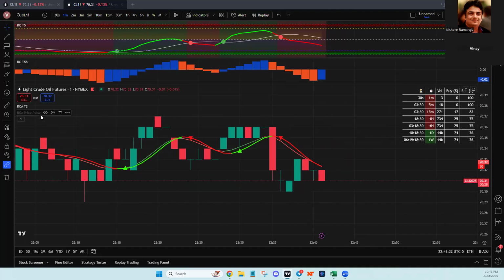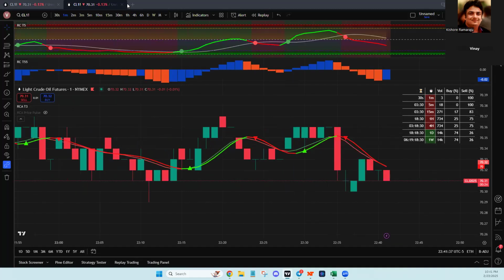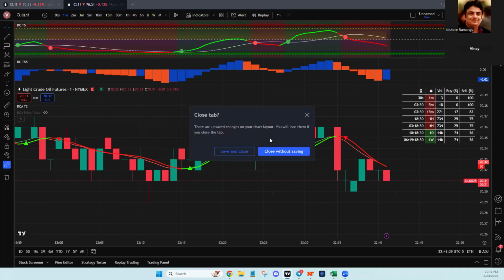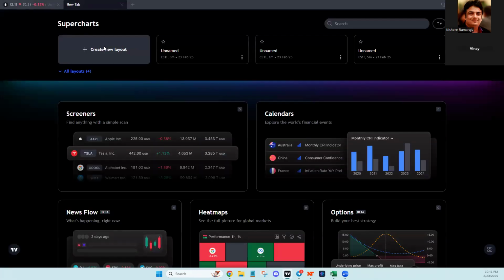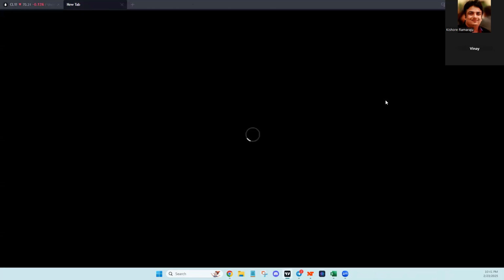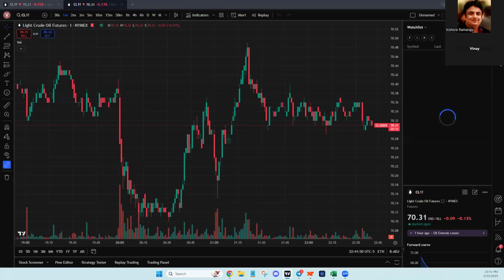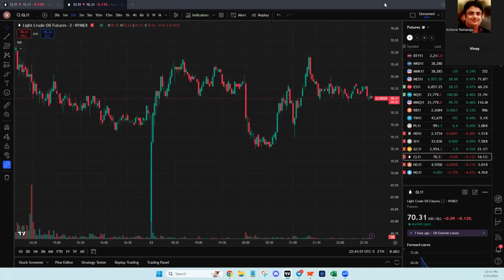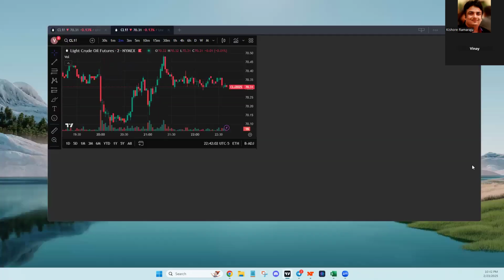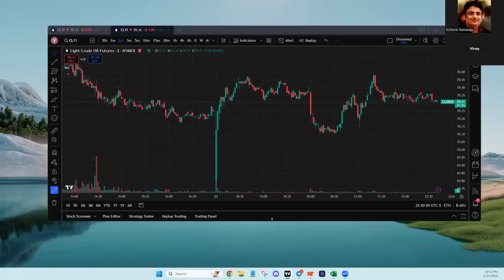You can now close the tab and add a new tab. Let me create. Yeah, now add the T3 indicator. Go to 1 minute and add the T3 indicator.